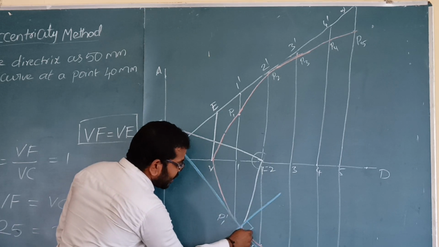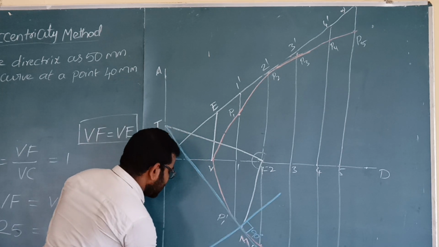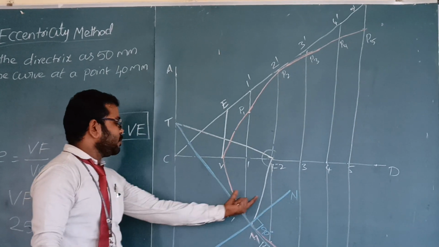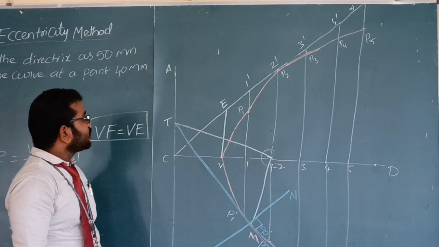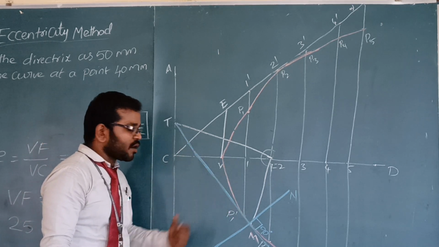This is the 90 degree perpendicular line, and this is N. This line doesn't have any dimensions, so you can draw it to some distance. So this is the procedure to draw the tangent and normal.